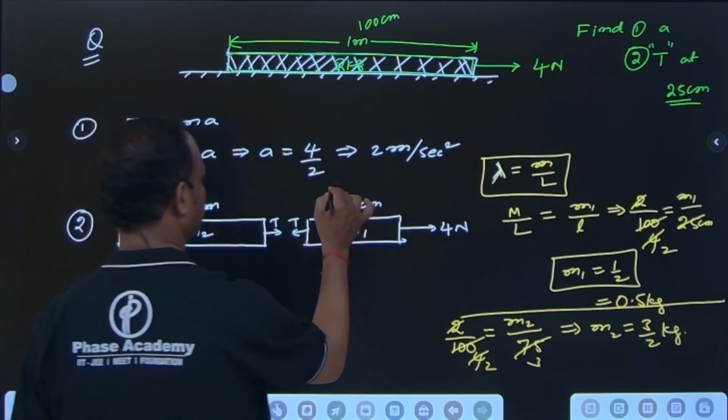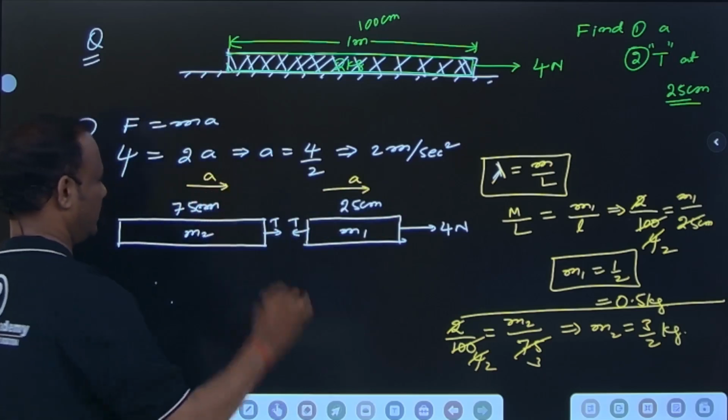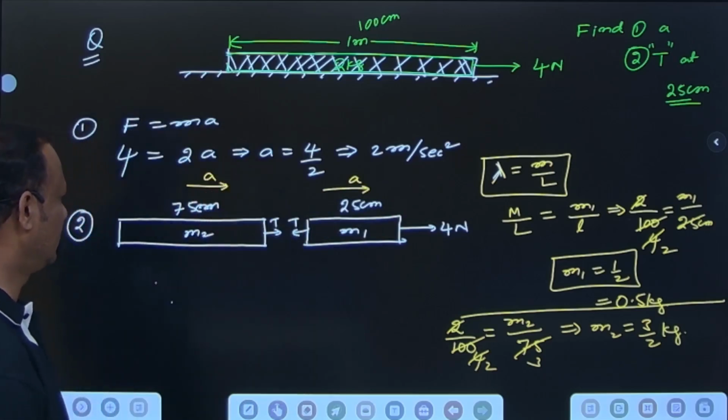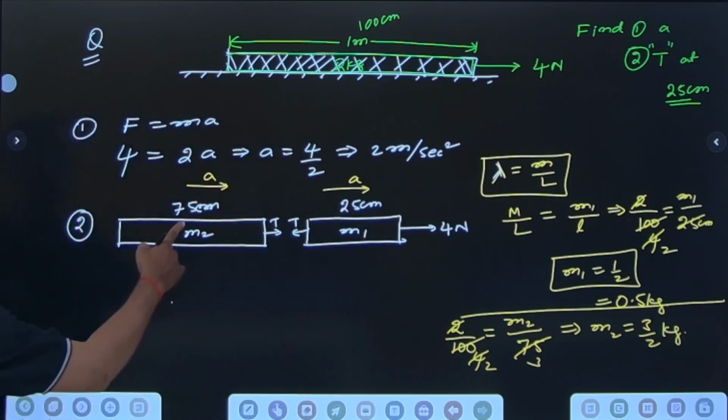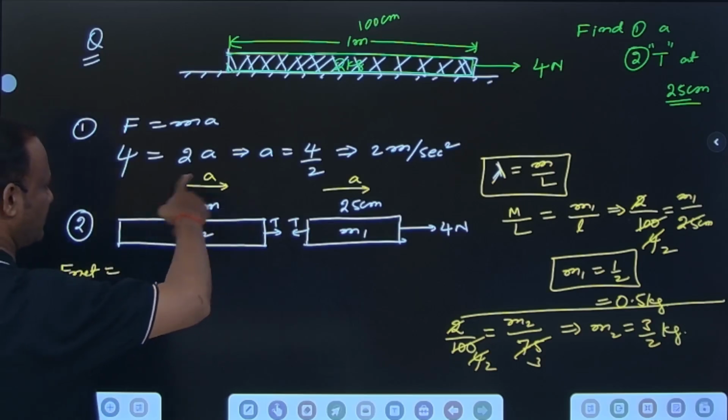Now you can apply. This acceleration is in the forward direction, and this one also is in the forward direction. Write the equation. Net force F net is equal to what? How many forces are acting on this?